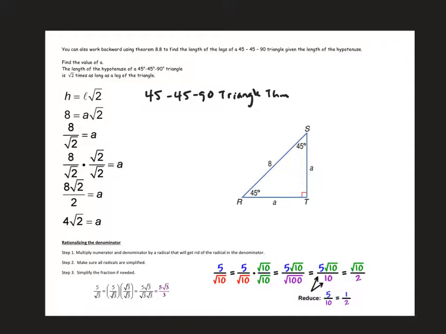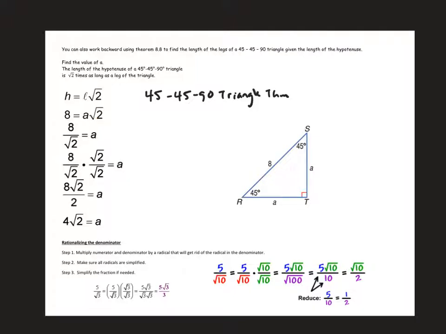All right. So in our problem, we know that the hypotenuse is 8. So I'm going to plug in 8 for the hypotenuse, and here the leg is the variable a, so I replace L with a. So I have the equation here that 8 is equal to a, the length of a leg, times the square root of 2.